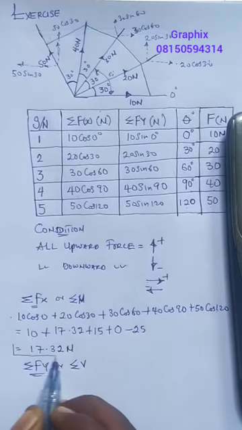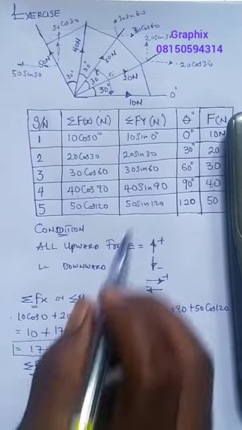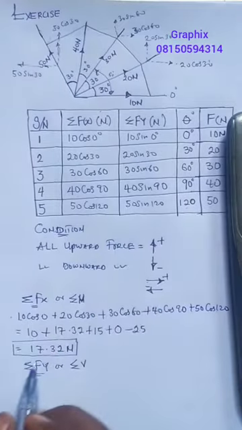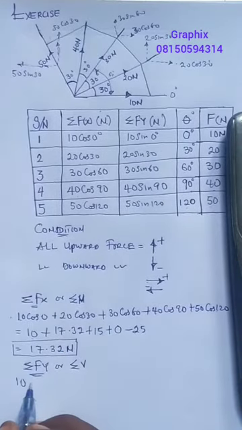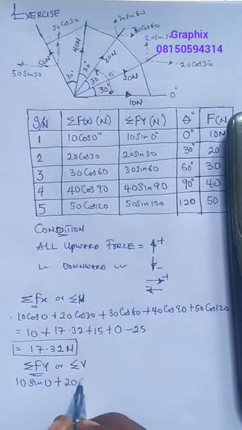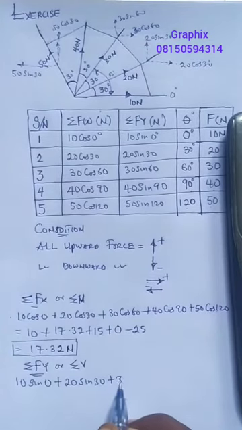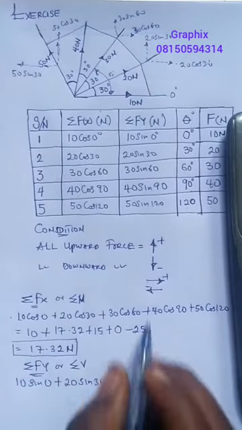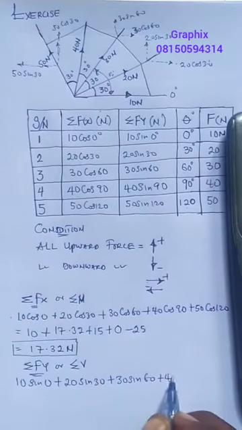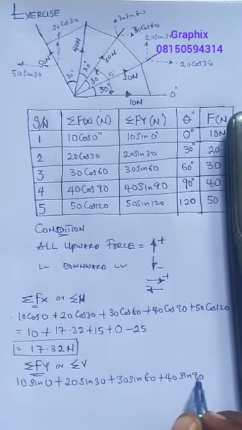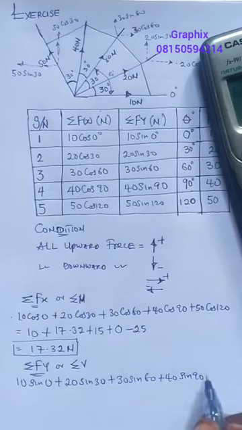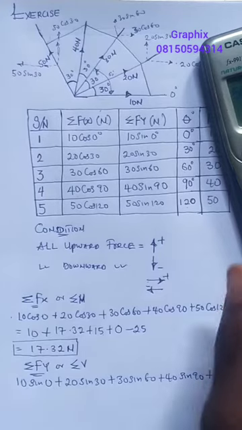So we'll add all of them together like this. The first one is 10 sine 0 plus 20 sine 30 plus 30 sine 60 plus 40 sine 90 plus 50 sine 120. So 10 times sine 0 is 0.